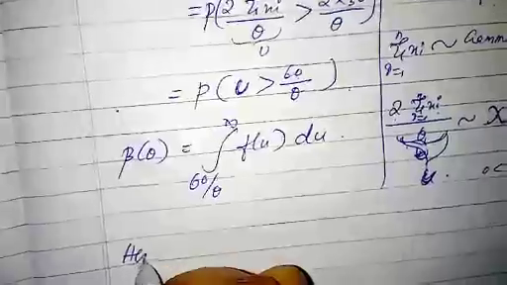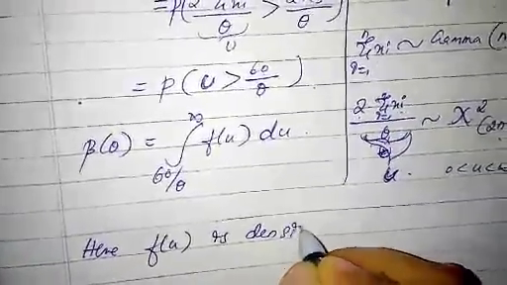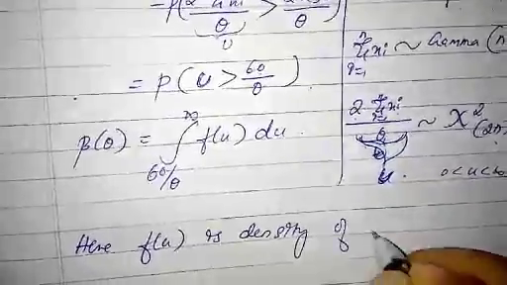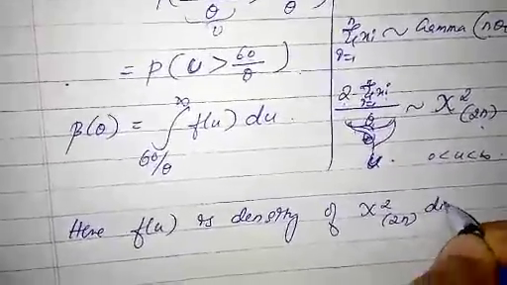So here f of u is the density of chi-square distribution with 2n degrees of freedom.